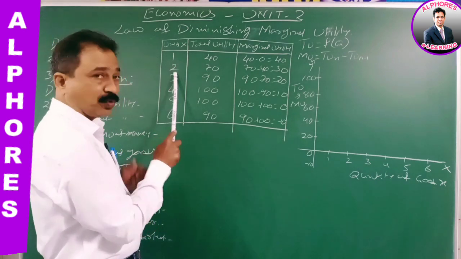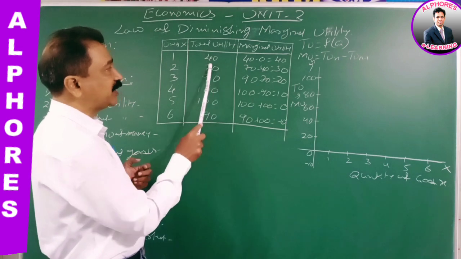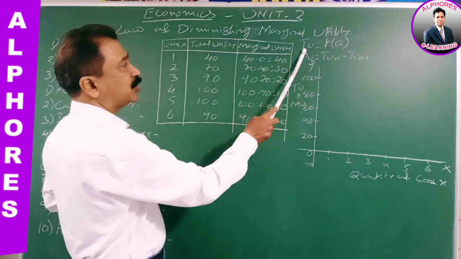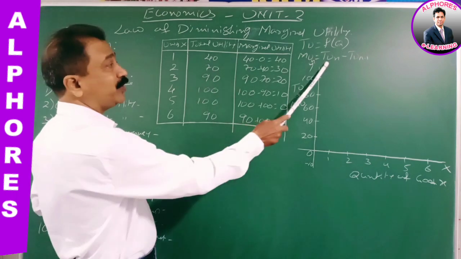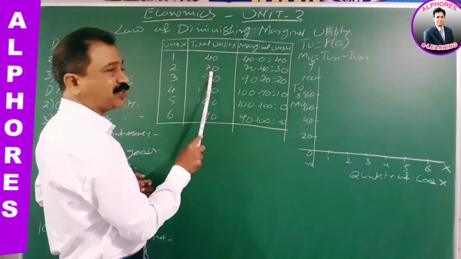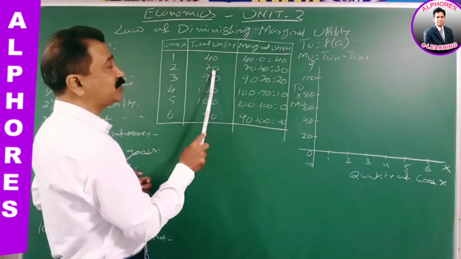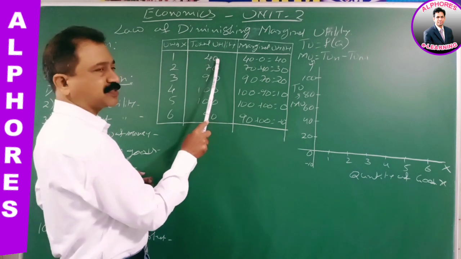Out of 2 mangoes, you are going to get a total satisfaction of 70. Quantity increased, total utility increased. See, 70. Now, how do we get the marginal utility? Present one minus previous one. Present one is 70. What is the previous one? This one? No, previous one is this.